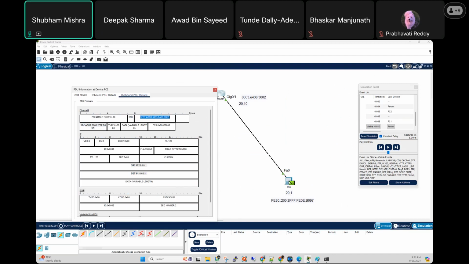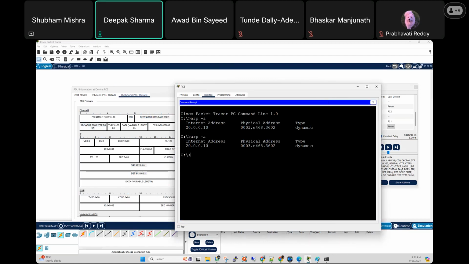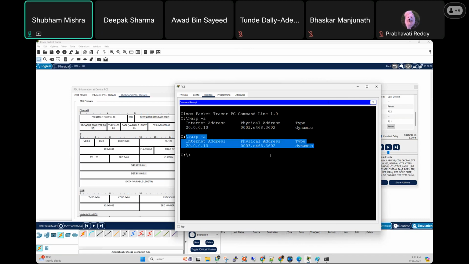And what will PC number 2 do? PC number 2 again makes an entry in which table? The ARP table. But see, in the ARP table the PC always maintains the entry of its default gateway. Its default gateway entry is already there, right? But now PC number 2 again receives the packet. What will PC number 2 do? It just resets the timer.